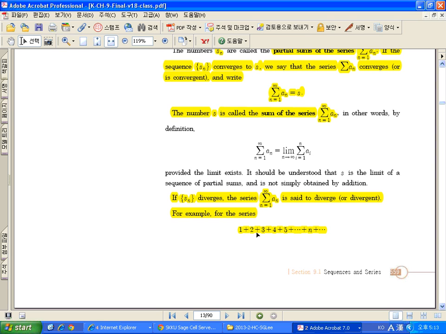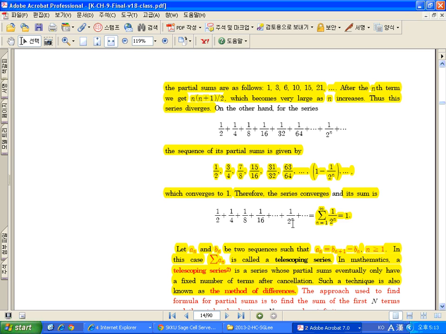For example, 1, 2, 3, this series has partial sums like 1, 3, 6, 10, 15, 21, and after the nth term, it's getting bigger and bigger, which becomes very large and keeps increasing. So this series diverges. On the other hand, this series has partial sums like this: 1 over 2, 3 over 4, 7 over 8, like this.